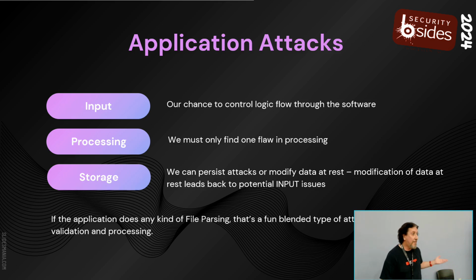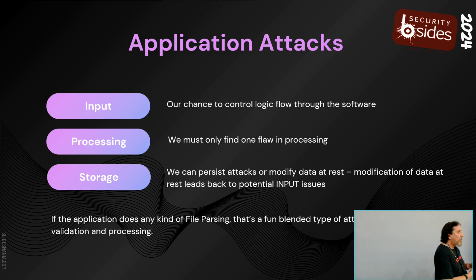It could even be flat files on the server. Who knows what they're doing? But that storage then also becomes another opportunity for input, because that storage later is going to be read from where it's stored and consumed in the application somehow. So you get kind of a circle back to an input type issue.